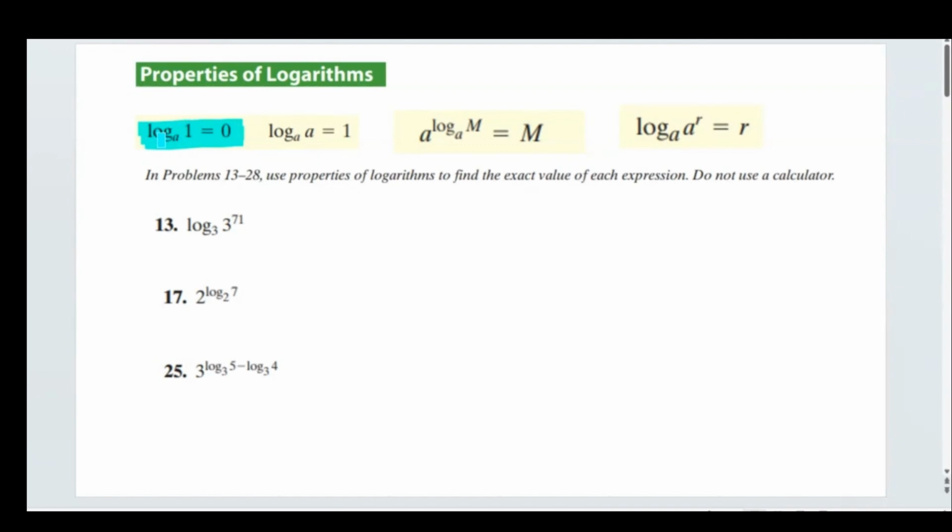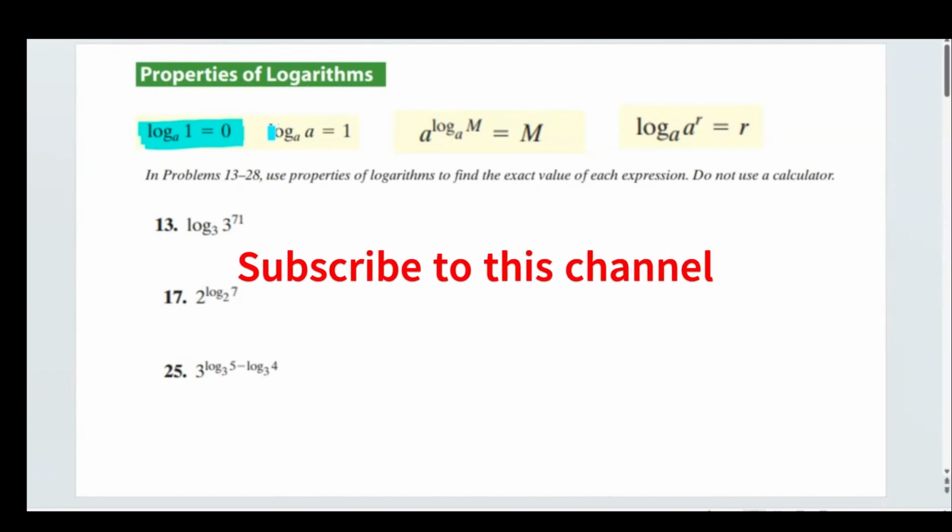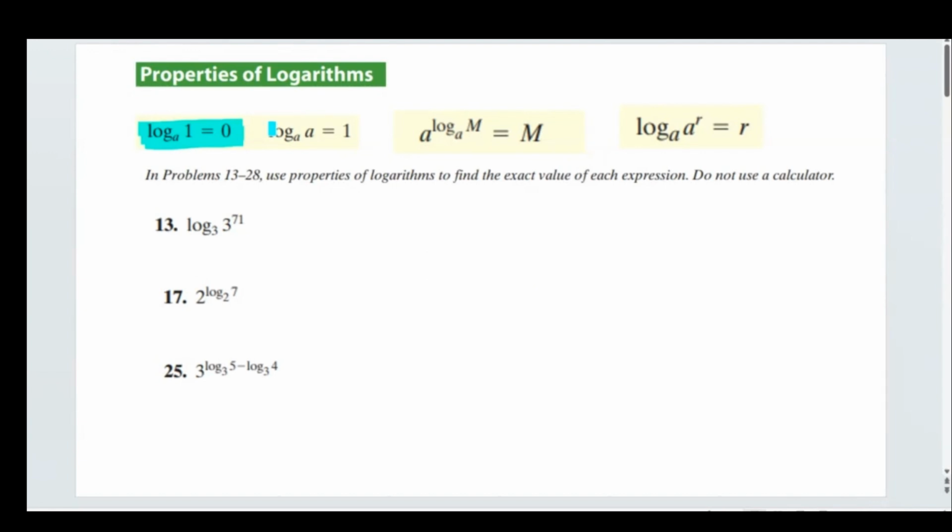So, for example, the logarithm in base 3 of 1 would be 0, the common logarithm of 1 would be 0, or the natural logarithm of 1 would be 0. The second property says that the log in base a of a is equal to 1.